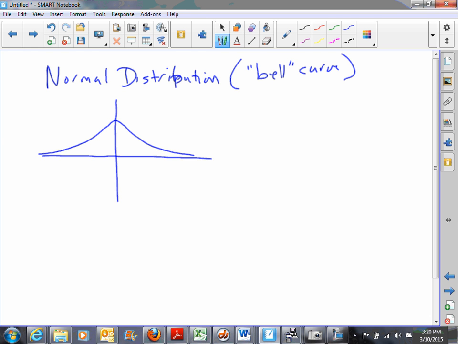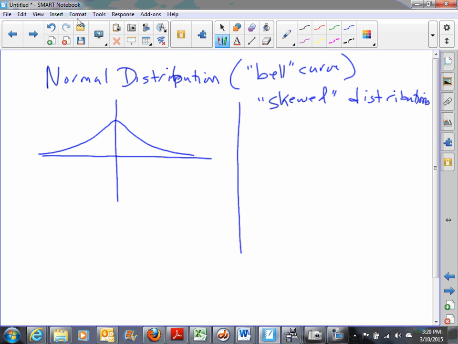Now, the book talks about the normal distribution, then it immediately talks also about skewed distributions. Now, skewed distributions are not normal. So let's take a look.